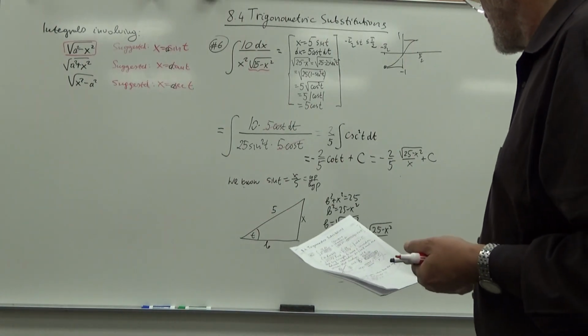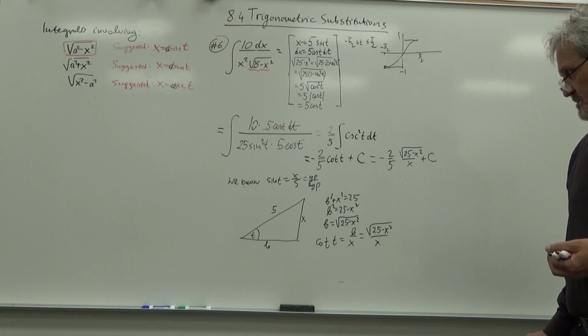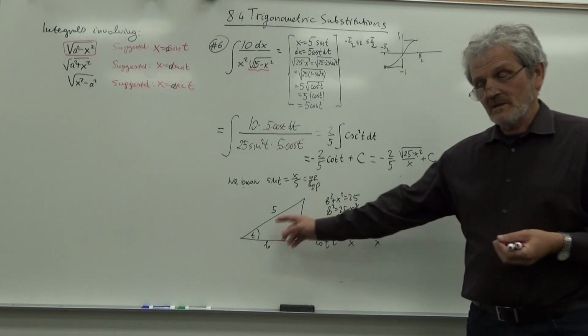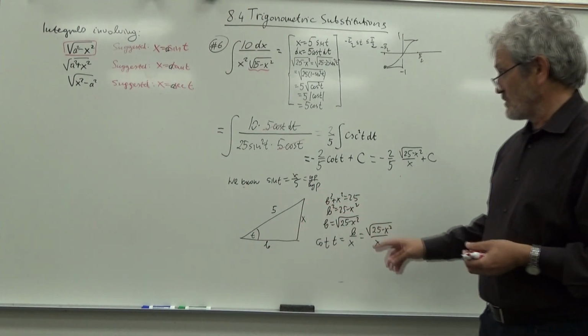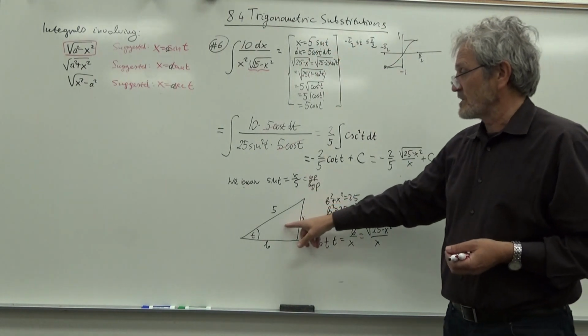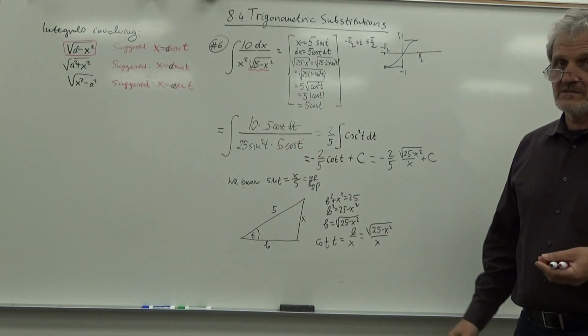I assume that's our result. That's good. Although there is a little tiny discussion here that I skipped. It's not the end of the world if you skip it, but it's good maybe to know things accurately. Because what happened here? I did all this with the assumption that x is positive. If x is positive, your angle is in the first quadrant, so everybody's positive, I can draw a triangle, everything is good.